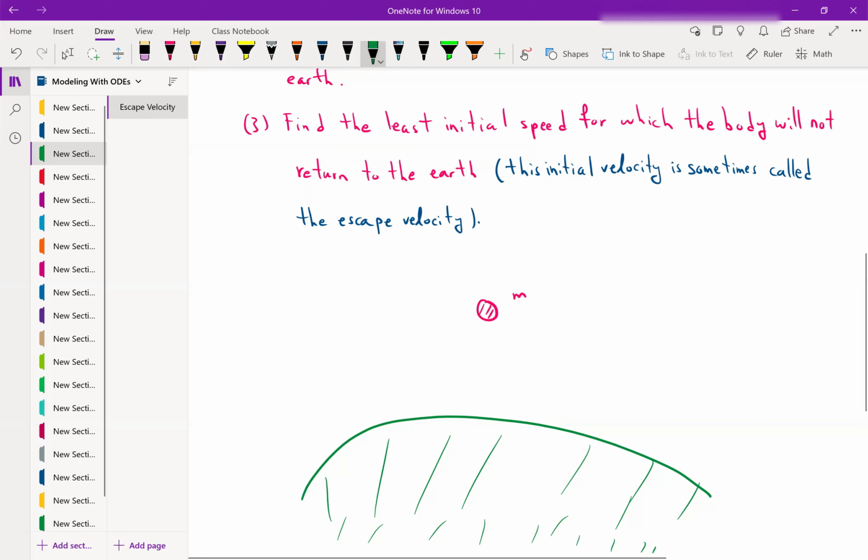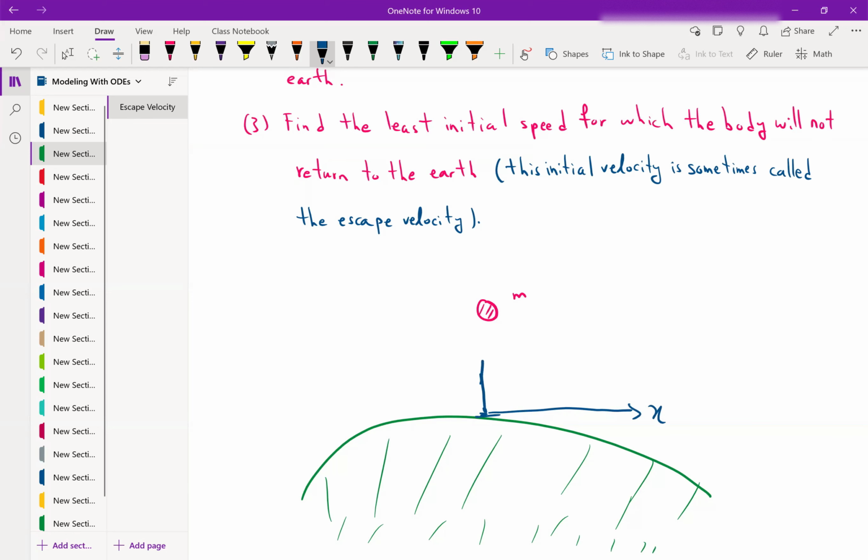There is nothing happening in the other directions. Nevertheless, I'm going to set up a coordinate system that has the x-axis, y-axis, and the z-axis. So this will be my x-axis. And then the y-axis, I'm going to choose it to point away from the center of the Earth, perpendicular to the surface of the Earth in the direction of motion of this mass m.